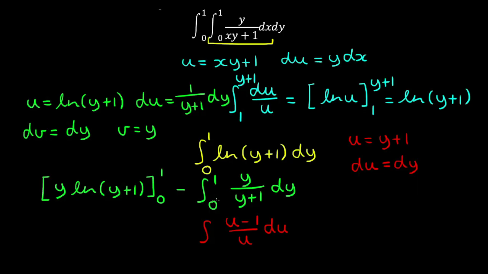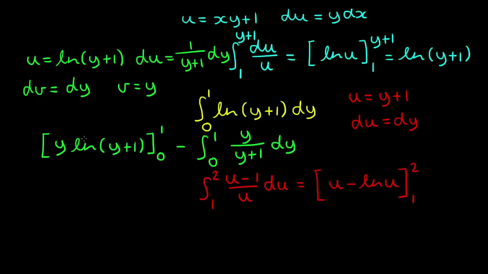And when y is 0, u is 1, and when y is equal to 1, u is equal to 2. So this is the same as the integral of 1 minus 1 on u. So this evaluates to u minus the natural log of u, evaluated at u equals 1 and u equals 2.